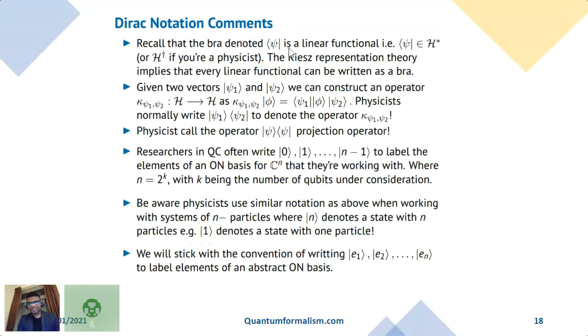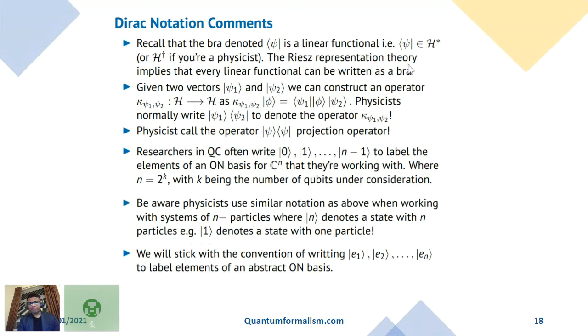And we saw that because of the Riesz representation theorem, every linear functional, or in other words, every element of the dual space, can be written as a bra, okay?